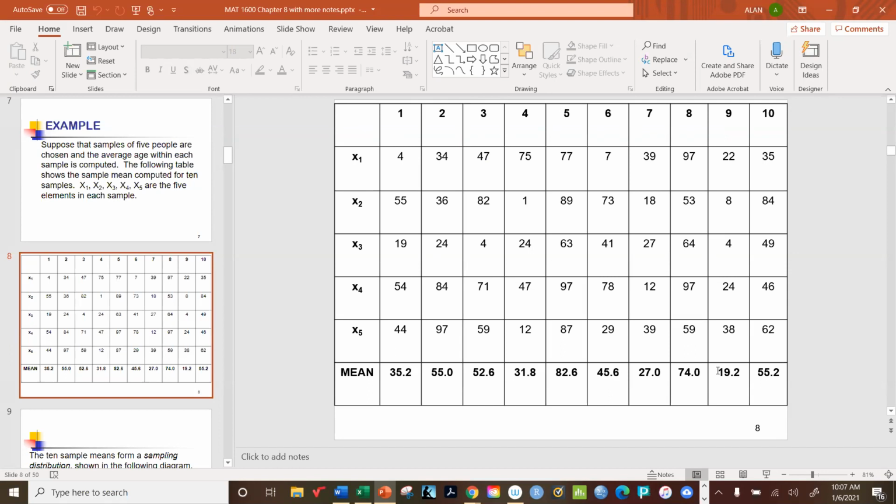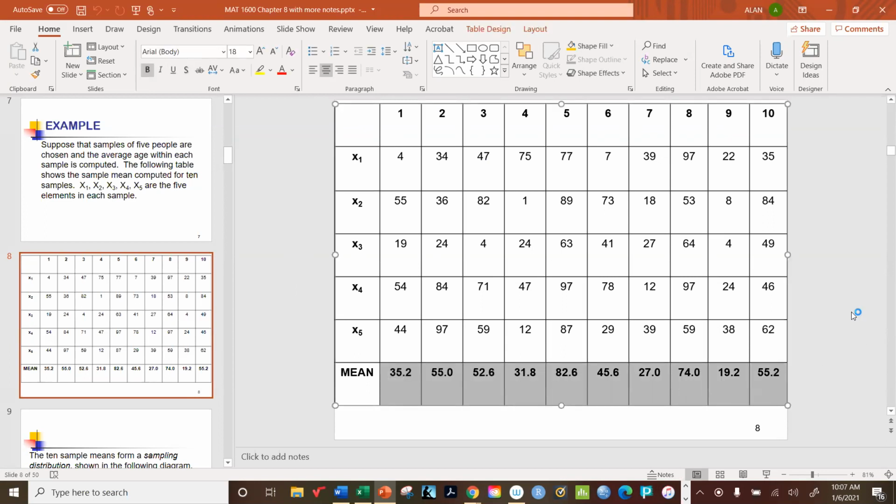One sample had a mean of 19.2, and this one had a mean of 74. Logically, it stands to reason that when you have such small samples, there's a very high probability that the sample means can be very different from one group to the next. So when we only have a small sample like this, there can be a tremendous amount of variation in the sample means that we obtain from each of these samples.